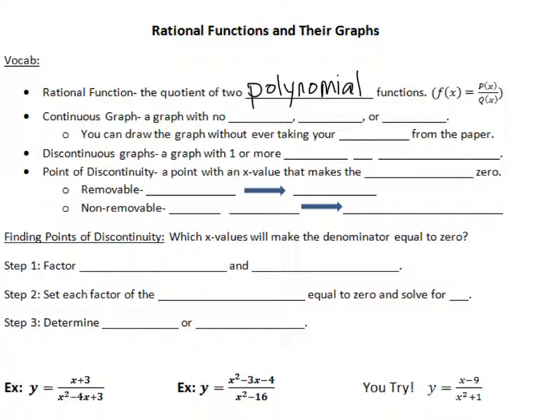A continuous graph is a graph that pretty much continues. So there are no jumps, breaks, or holes.